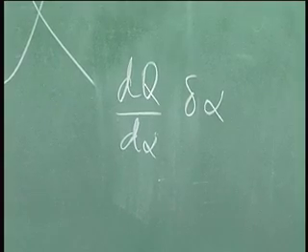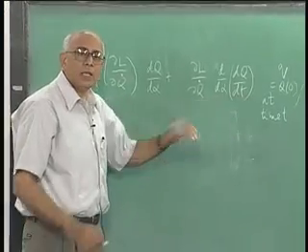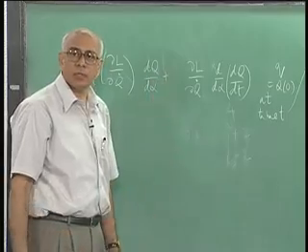So this alpha has nothing to do with t, it is just changes of frames of reference or coordinates.